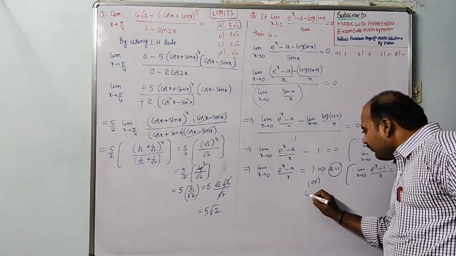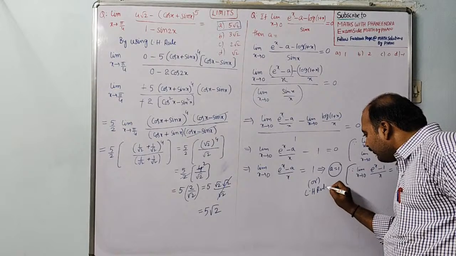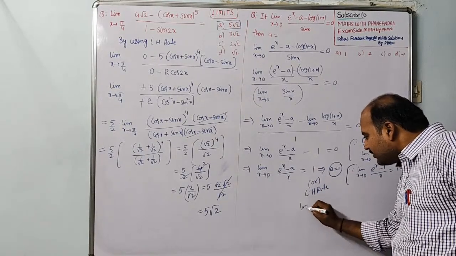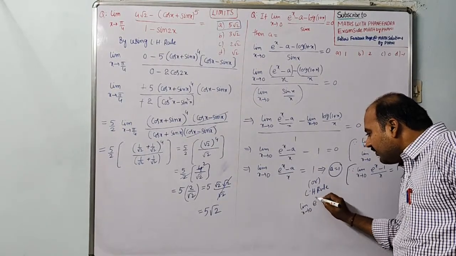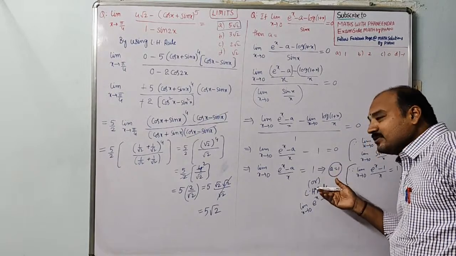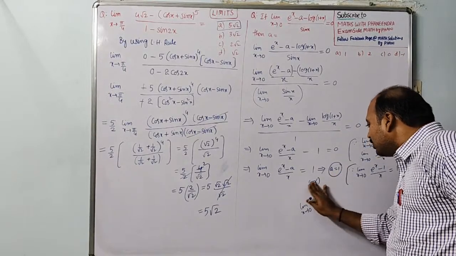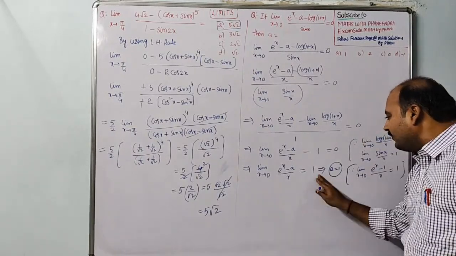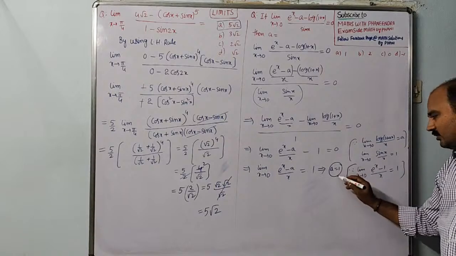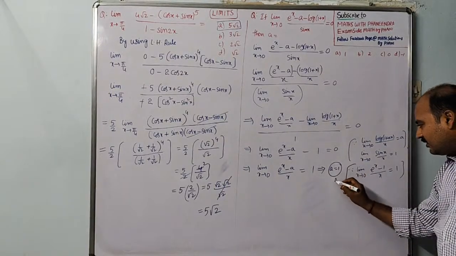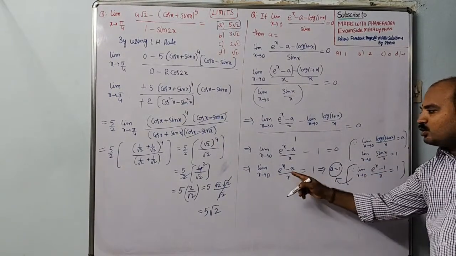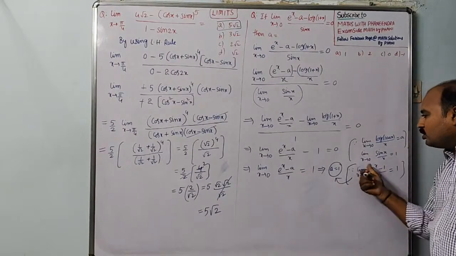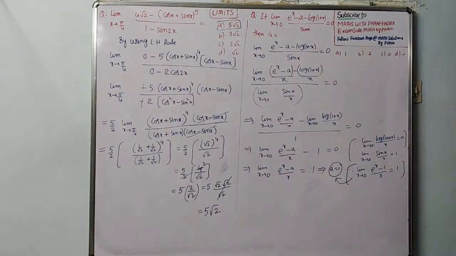Otherwise, from here, by L'H rule, you will get limit x tends to 0, e power x derivative is e power x minus constant derivative 0. It does not happen. L'H rule, it is not the correct one. This is the only correct way. A is equal to 1, that implies A is equal to 1 by using this formula. For this limit to exist, A value should be equal to 1, dear students. I hope you understand. We'll move to another set of questions.